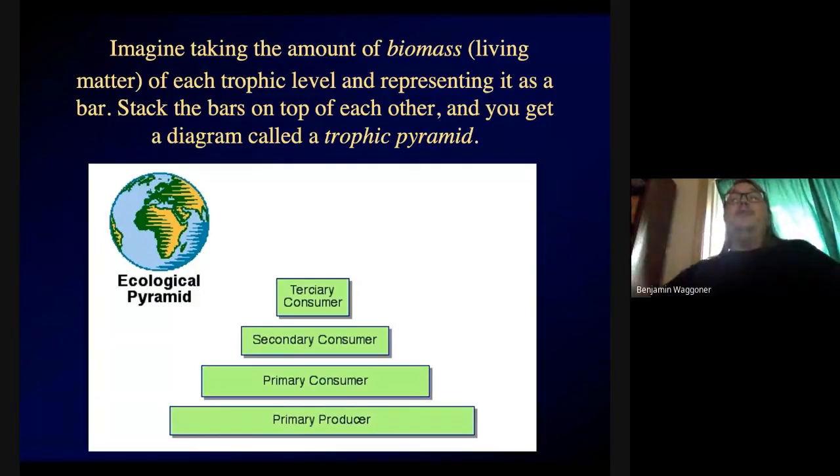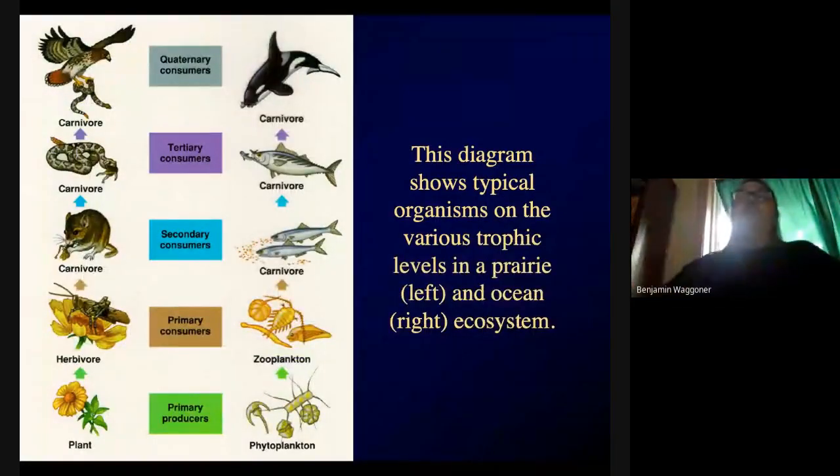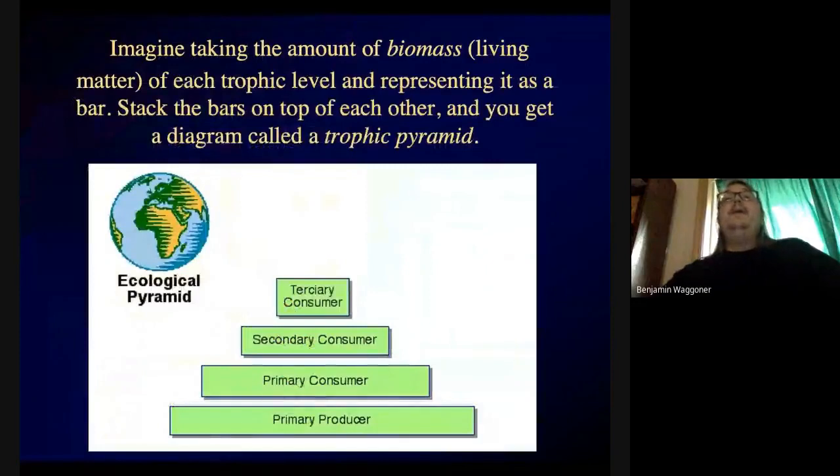If we go back to the trophic levels in a prairie ecosystem that are diagrammed over there on the left. And a diagram that shows how those bars are stacked together is called a trophic pyramid.